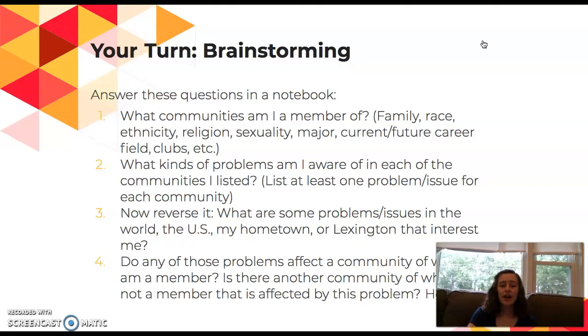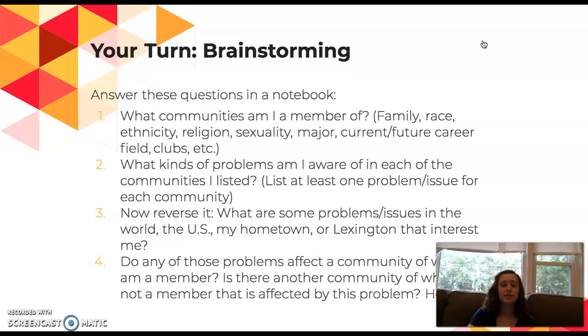So I have here a brainstorming guide for starting to think about what your topic might be. I ask you to think about what communities you're a member of. This might be thinking about what's my major, what's my career field going to be, and what kind of problems affect people in that career field.